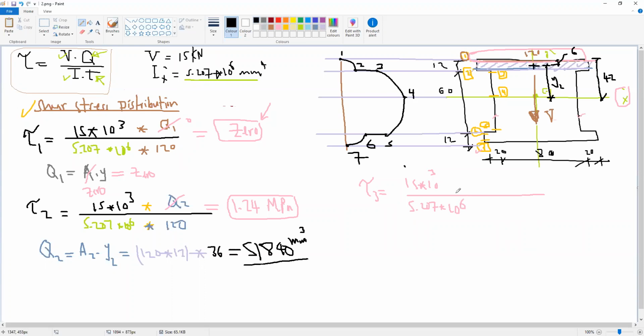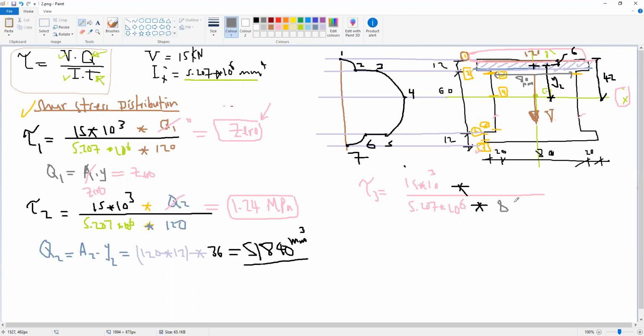Then we need to find T and Q. What is T at 3? If we are at 3, so this is cut 3 here. If you have a look here, this is T at 3. T at 3 is 80 millimeter.